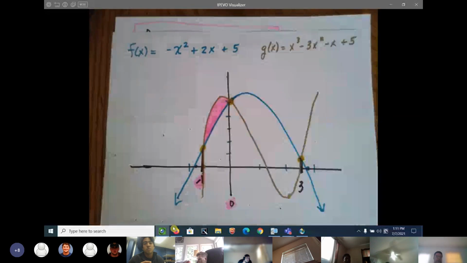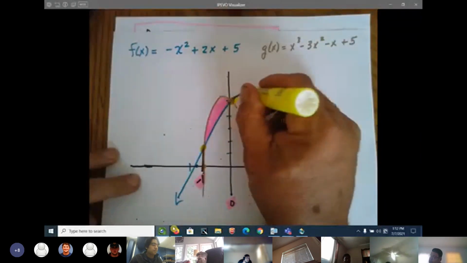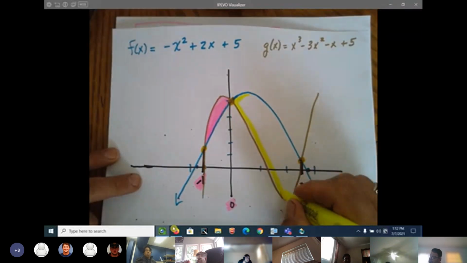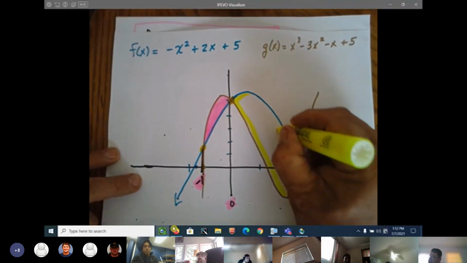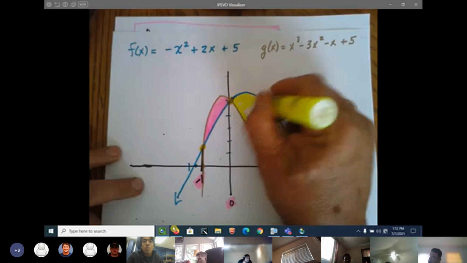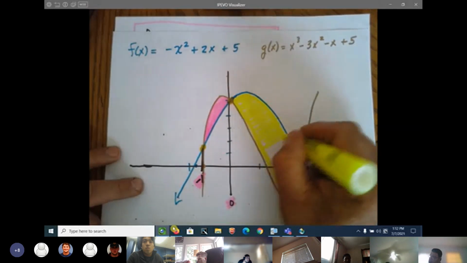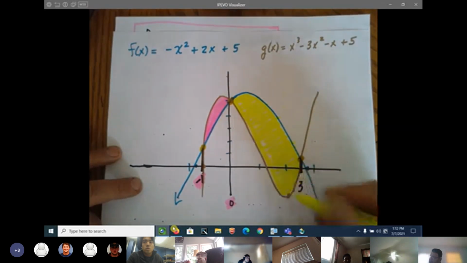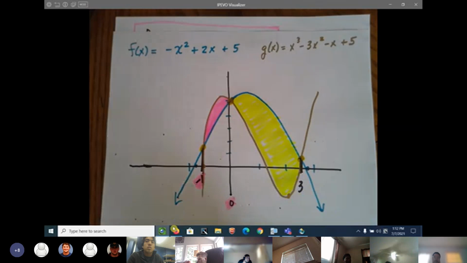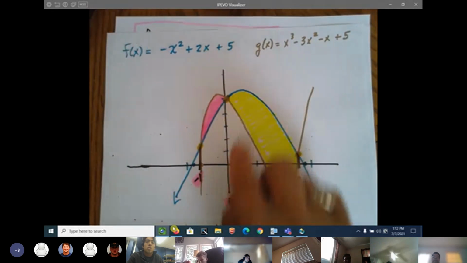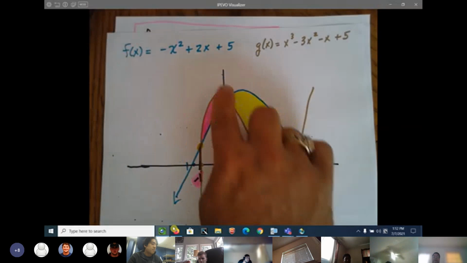I'm going to color this one in yellow. And the dominant region there is the blue from 0 to 3.